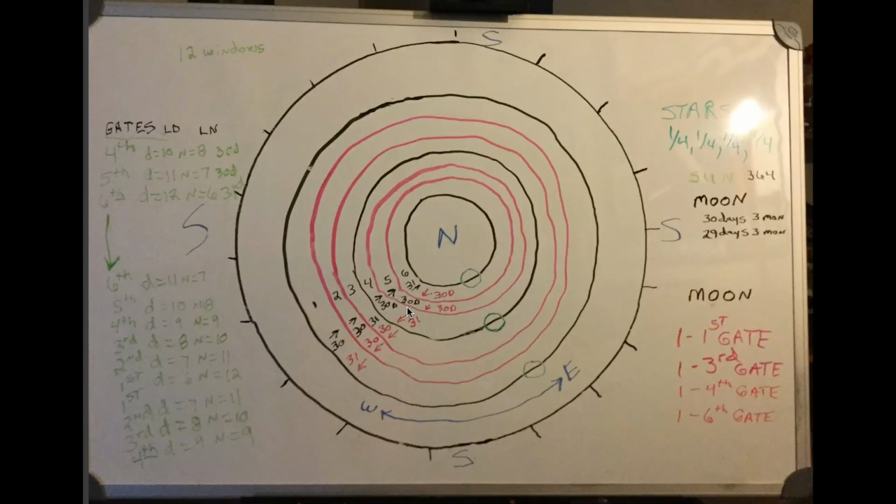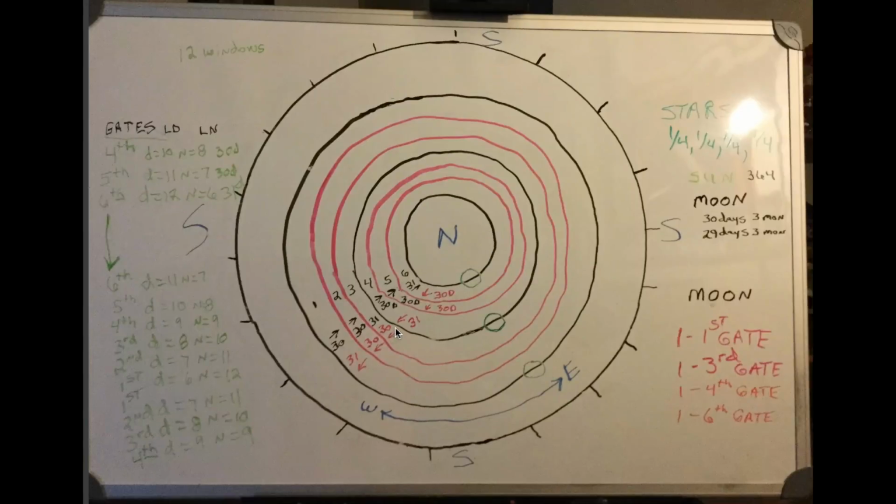Then it goes through gate 4, and this would be our fall equinox, and it stays there for an extra day, the same as it did for the summer solstice.